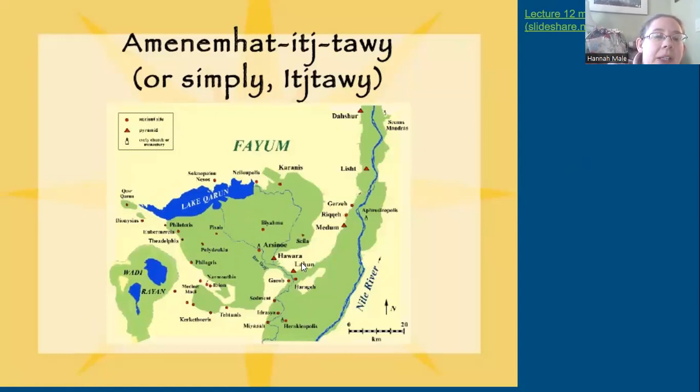This is the royal burial site of Lahoun, so the pyramid town where people actually live is around here. And then once you get up here, you're getting back into the Lower Egyptian region of the Delta. So what's up here that the map is cutting off is the region of Memphis, and more modern-day Cairo.